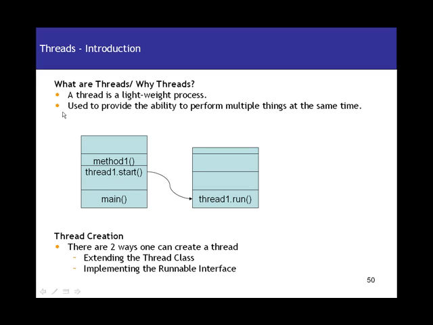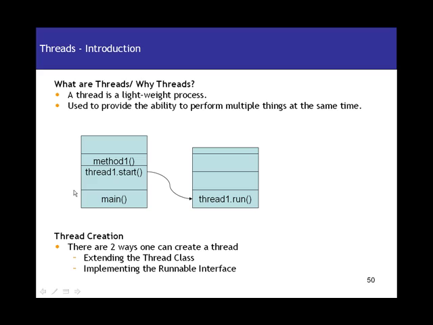And basically it stores the execution stack of your methods, right? So let's say for example I created a class and I executed that class. When I run the class, the main method would be run, right?